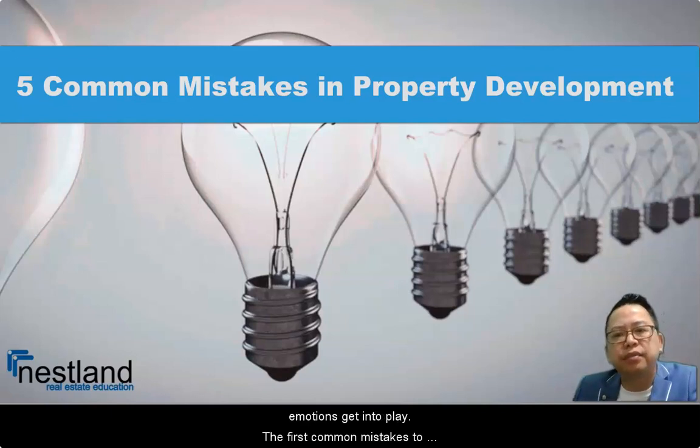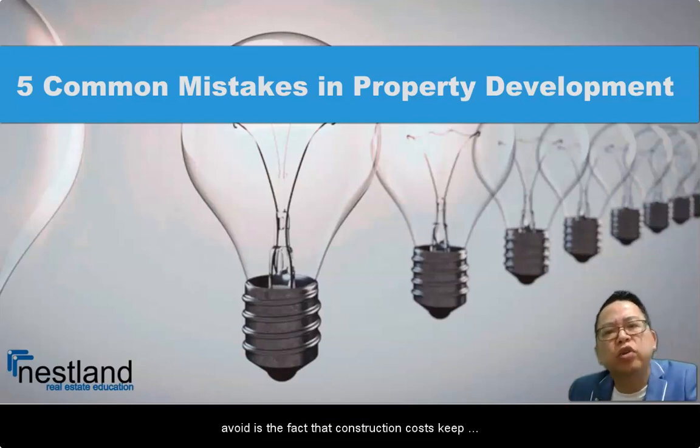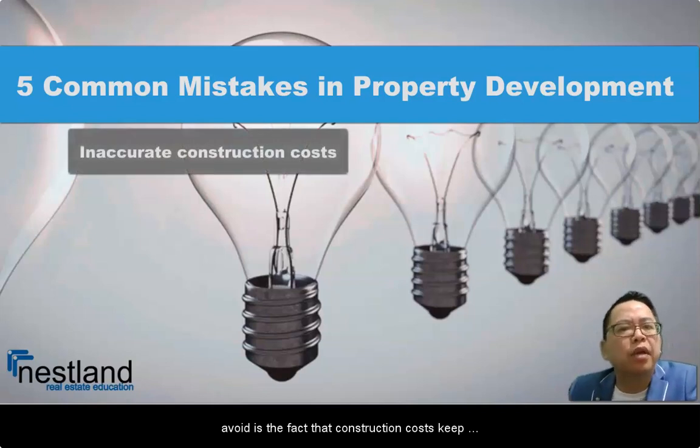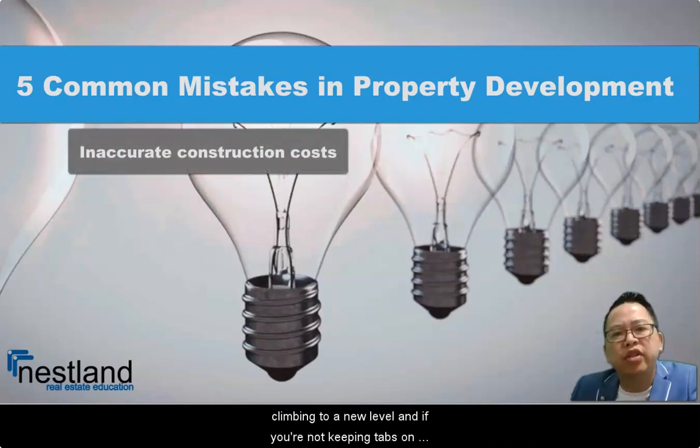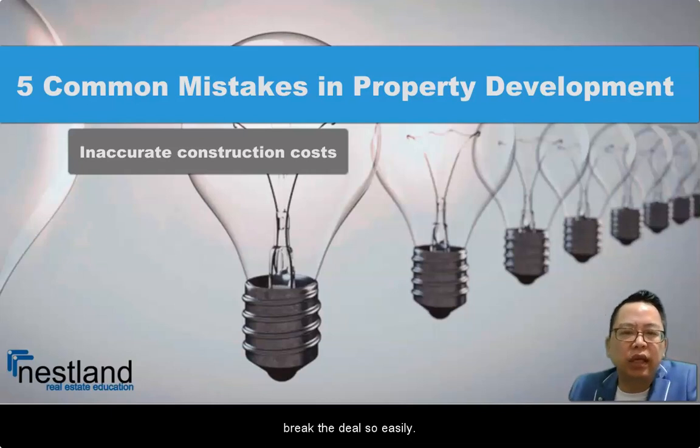The first common mistake to avoid is the fact that construction costs keep climbing to a new level, and if you're not keeping tabs on it regularly, it could potentially make or break the deal so easily.